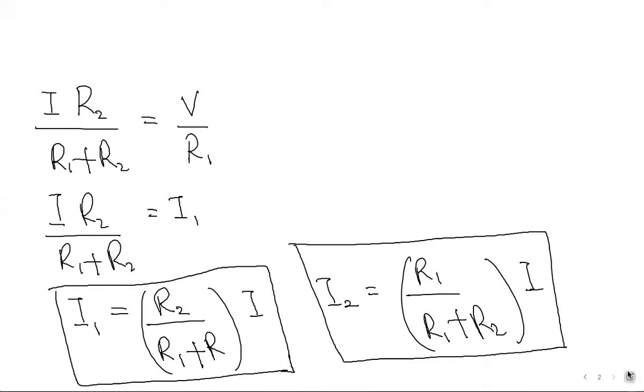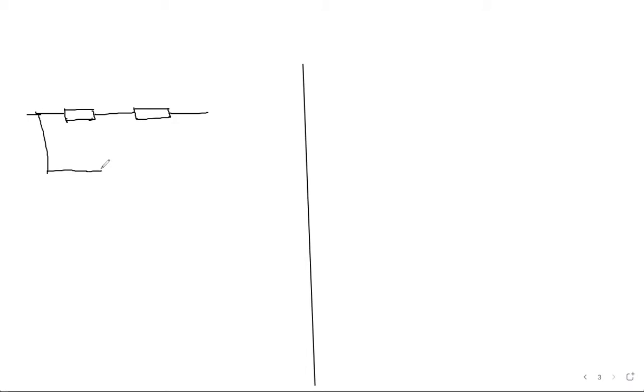Okay, now let's look at the voltage divider. For the voltage divider, I will have resistors in series. Let's say I have these two resistors in series. Then this is the total voltage.